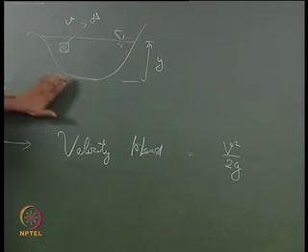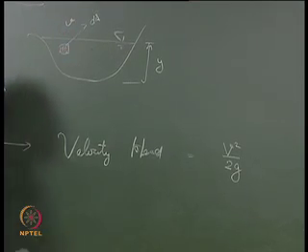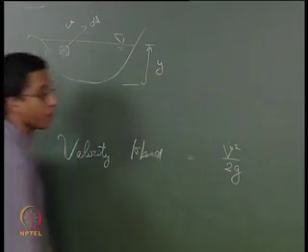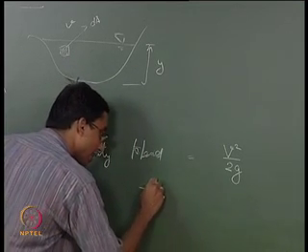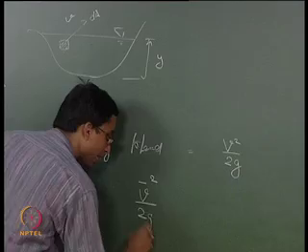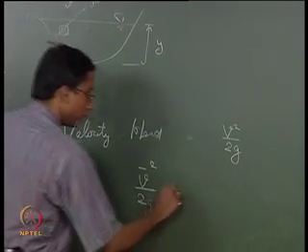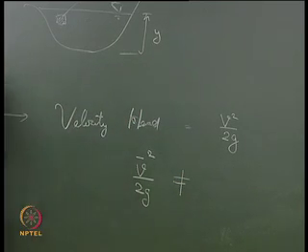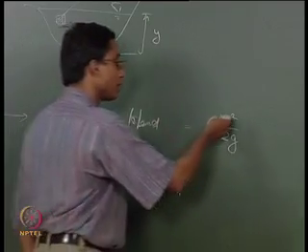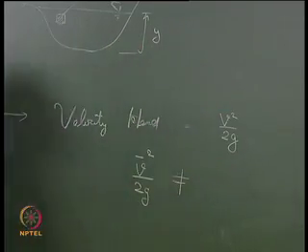For the entire channel section, if you try to obtain the average velocity and then the velocity head using the average velocity, this term generally will not be equal to the integration of this over the entire area.